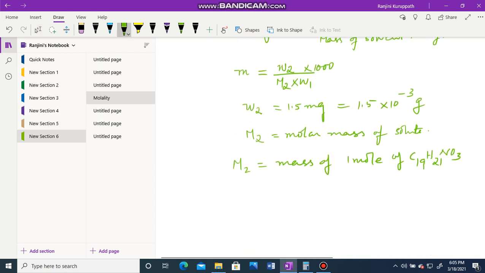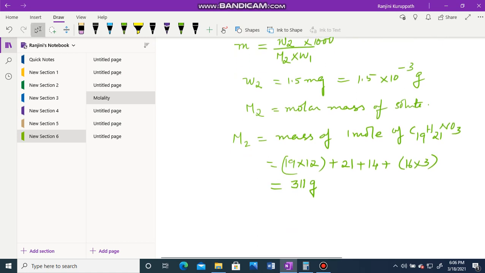If you put the values, 19 into 12 plus 21 plus 14 plus 16 into 3, you will get the value as 311. Molar mass will be in gram. You got M2 also. Then 1000, and molality is given.